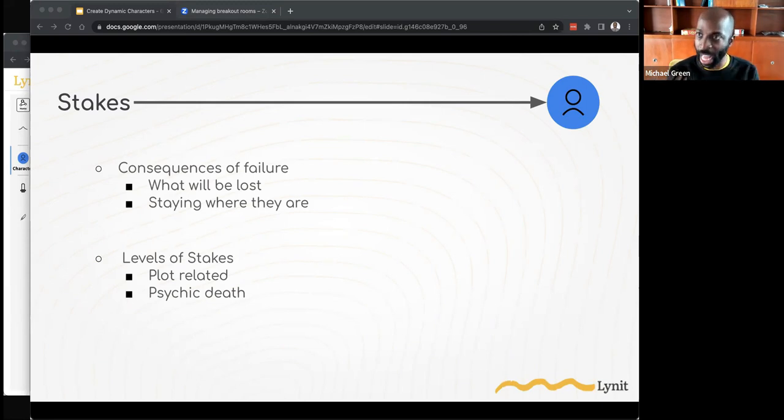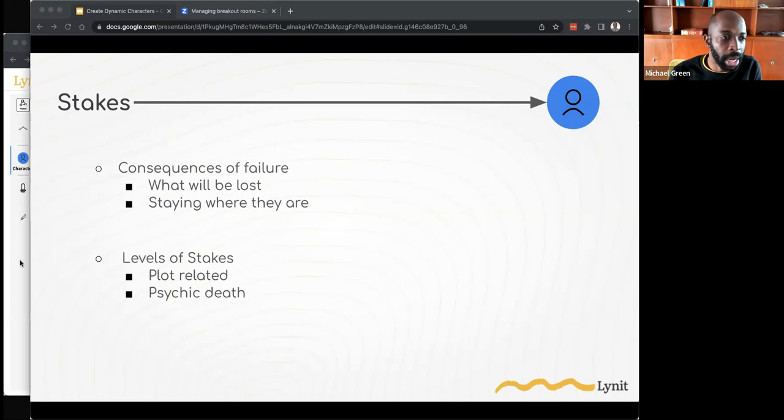Now this is the last one, and if he does not catch this killer, he's going to lose his job. So it adds another stake. That can be plot related, but also psychic death in the sense they won't have a job. So there can be multiple stakes that overlap with each other. But the closer you can get to psychic death, the stronger the stakes will feel for the character.